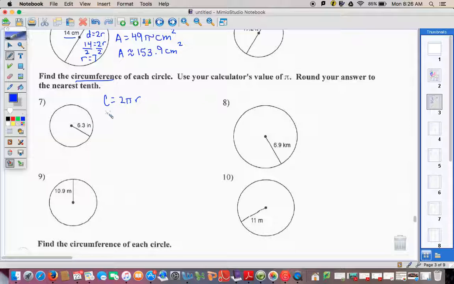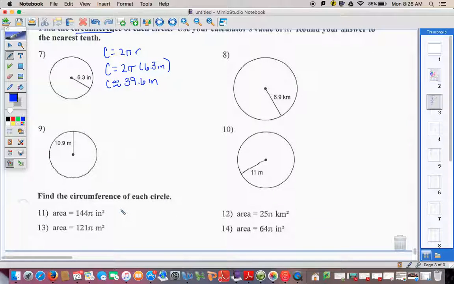If we substitute this information in, we have circumference is equal to 2 times pi times 6.3 inches. So that's going to be 6.3 times pi times 2 is approximately 39.6 inches.